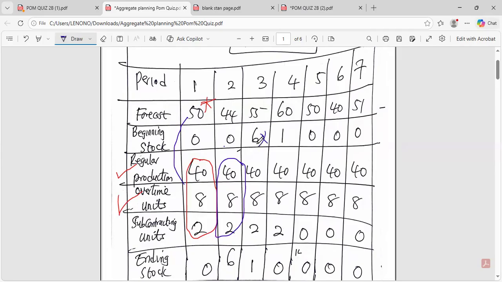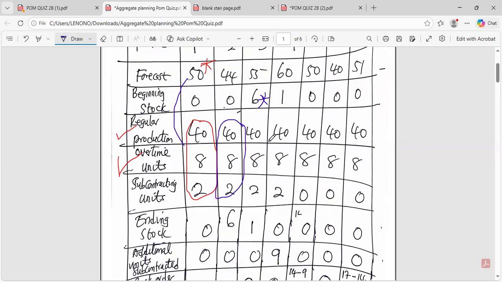So our 6 here is our beginning stock, then plus our production, we are going to have an ending stock of 1. The ending stock of 1 is the beginning stock in this period.